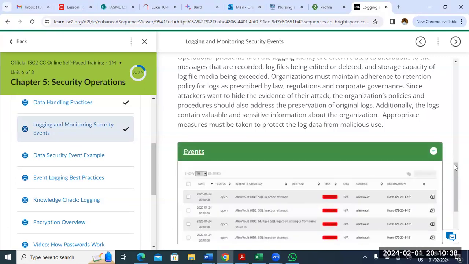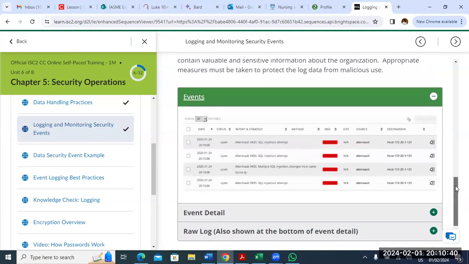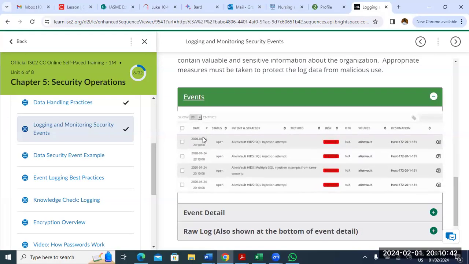Then the event, just like a sample that we have, talking about event, you can see this. The event will show you the date, the status, was it open or closed? More like a firewall. Okay, AlienVault. You can see AlienVault is a security information and event management system. So monitoring transactions, this is just one of the appliances that we use in tracking log management.